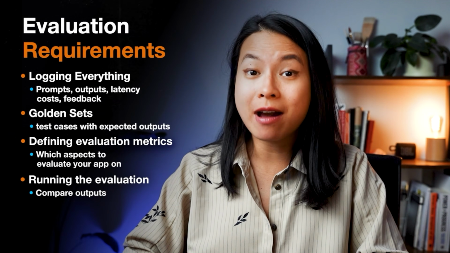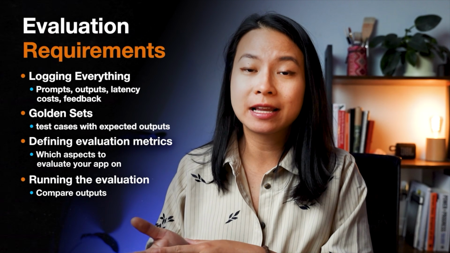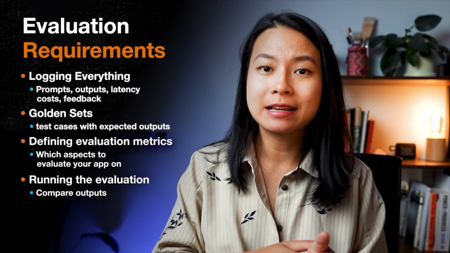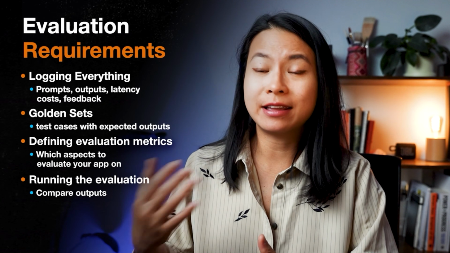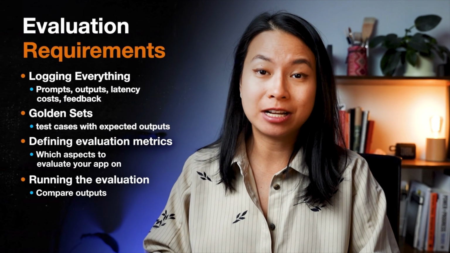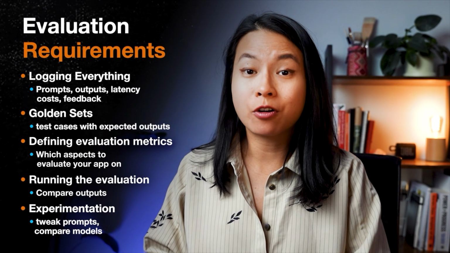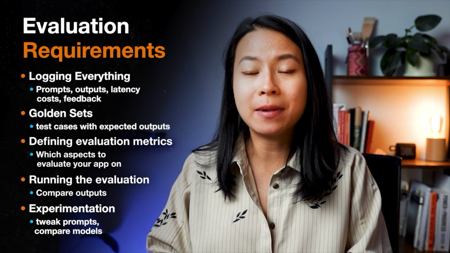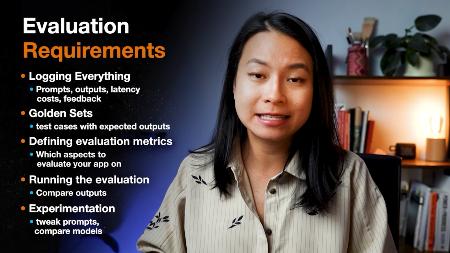Next, we'll actually run the evaluation and compare the generated outputs with the reference outputs and calculate the results on different metrics. And once we have the evaluation results on different metrics, we will start experimenting by tweaking the prompts or adjusting the data processing pipeline or comparing different models and different model settings. And the goal is to improve the results on the metrics that we care about.